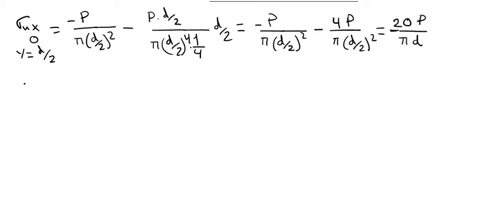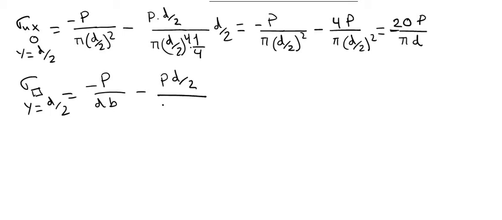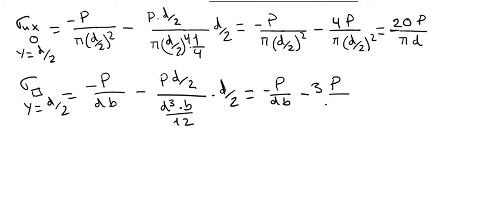Now we do the same for the rectangular cross section. Okay, y equal to d divided by 2, so we have minus P divided by db minus P d divided by 2, divided by d cubed multiplied by b, everything divided by 12, and multiplied by d divided by 2. So what we have here is minus P divided by db minus 3 times P divided by db.